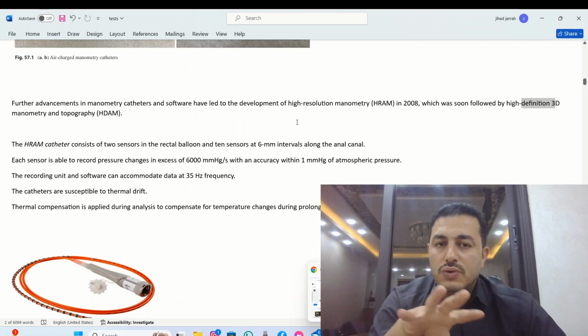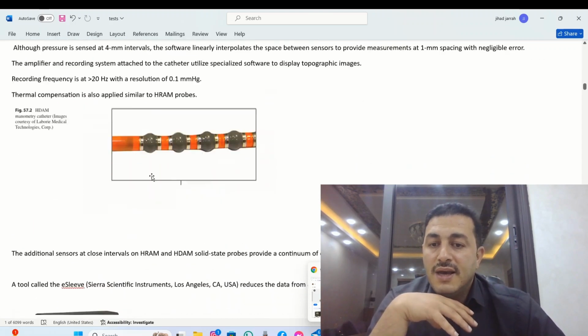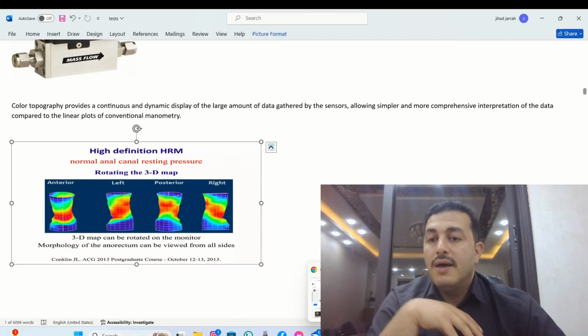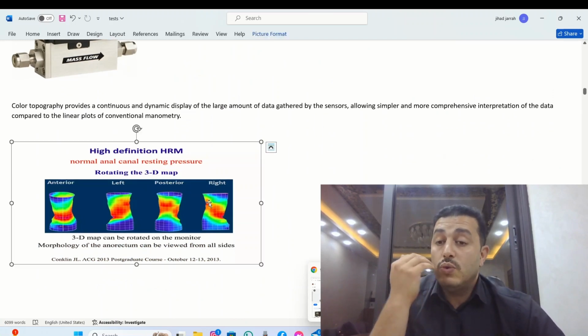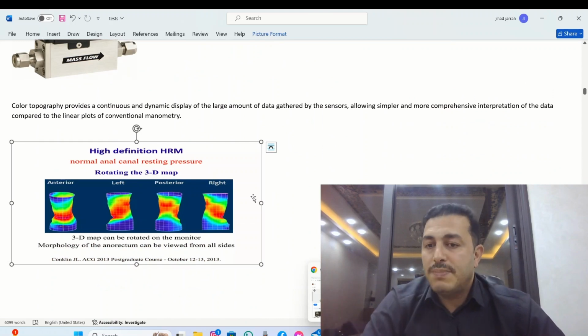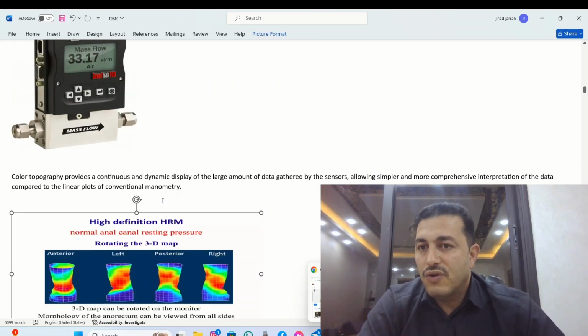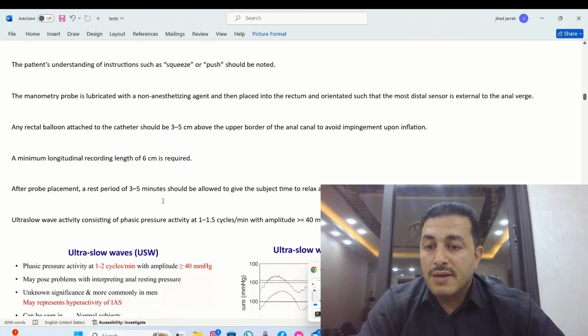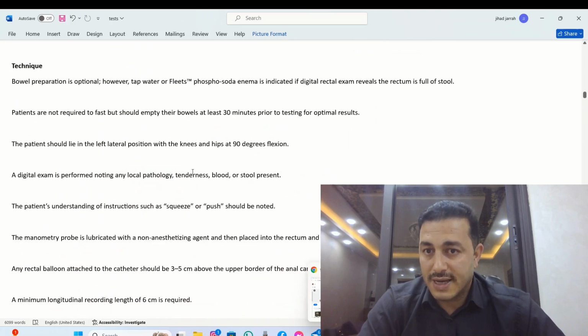What I want to alert you is that with the high definition or the 3D, the results you will see on the monitor display are colored and of course different from these results. This is how the conventional results look.